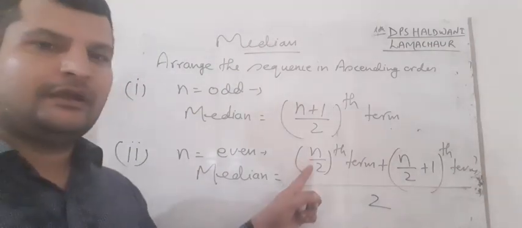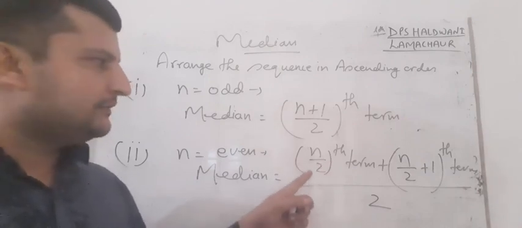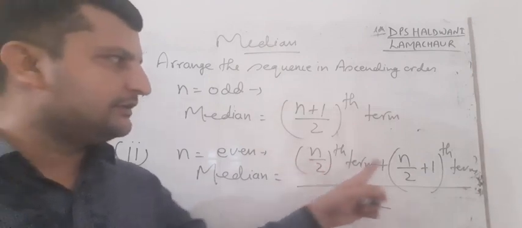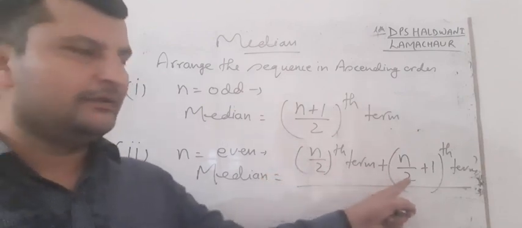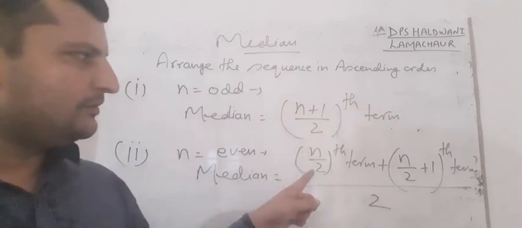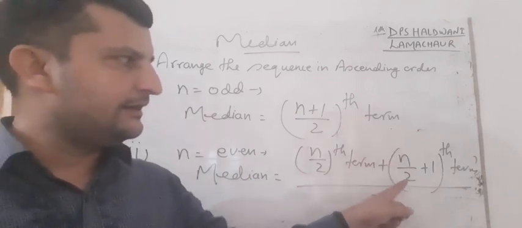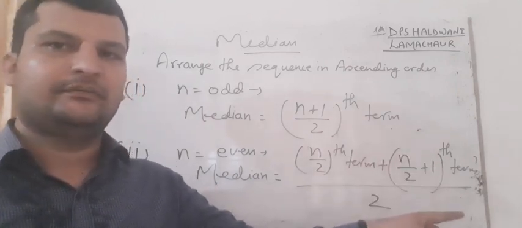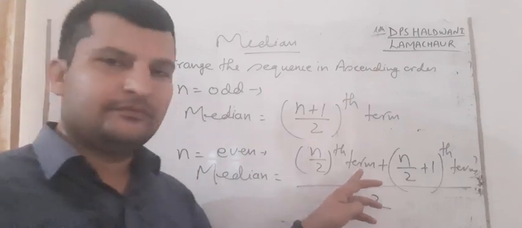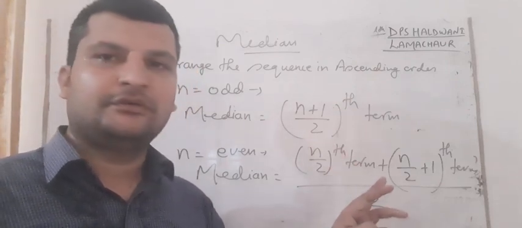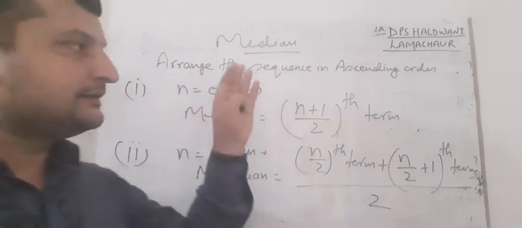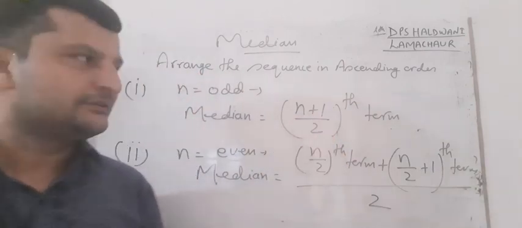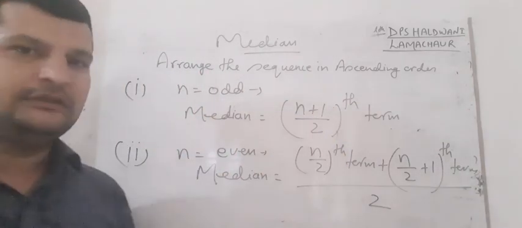N upon 2th term means, student, suppose n is 4, so it will be the second term, and the n upon 2 plus 1th term will be the third term. I have written term here because we have to find the term also after arranging the sequence of the series. So student, you can note down these two formulas.